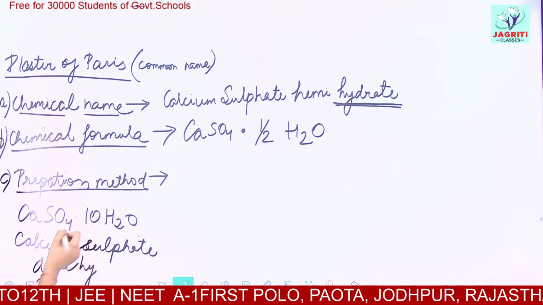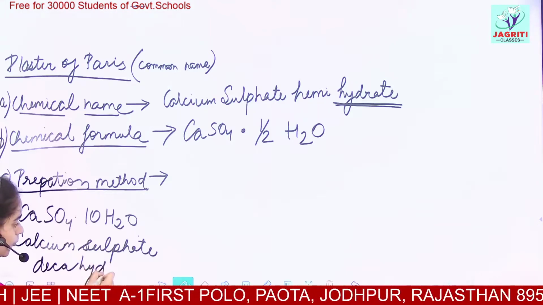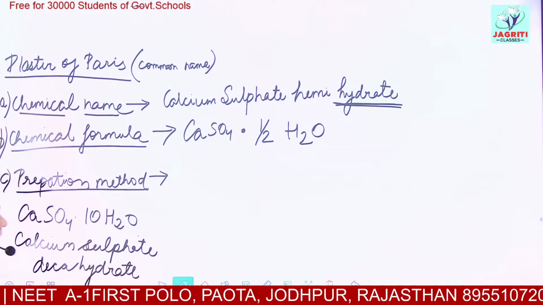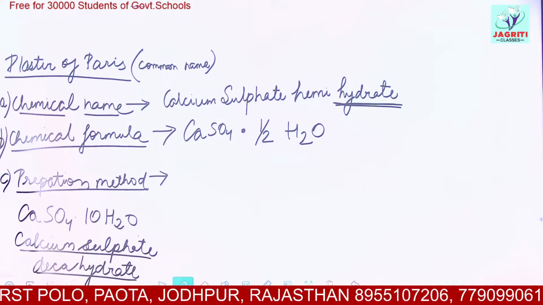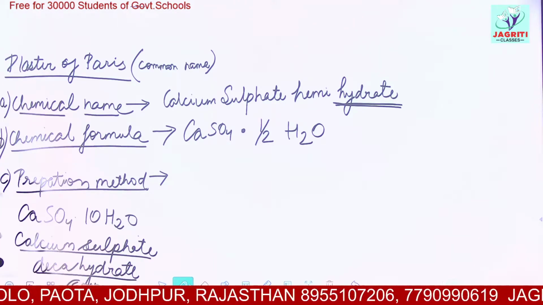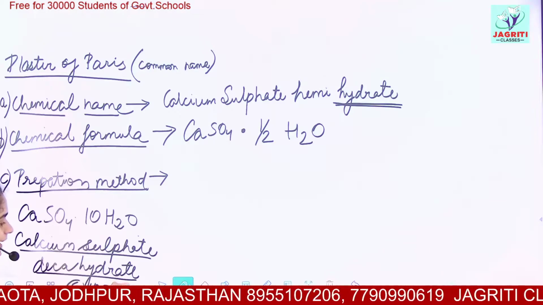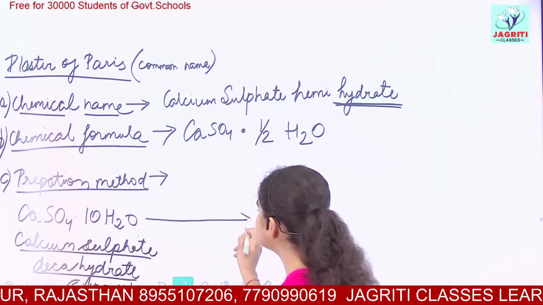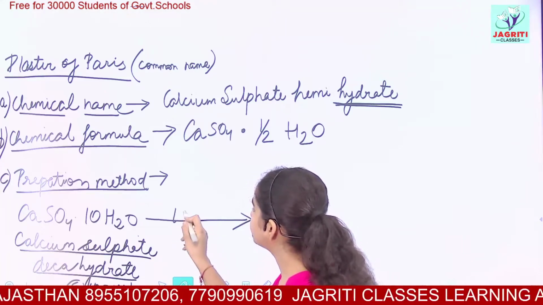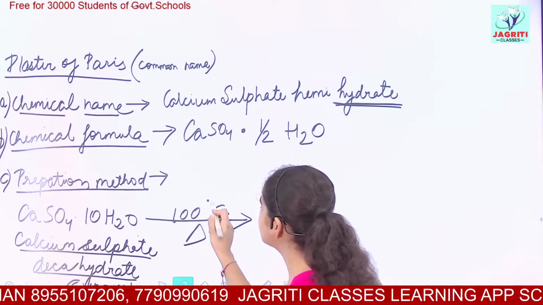Deca means 10 water molecules, and for the crystalline water we are adding the hydrate term. This calcium sulfate decahydrate is commonly called gypsum. So you take your reactant as gypsum, and you heat this reactant at 100 degrees Celsius temperature.